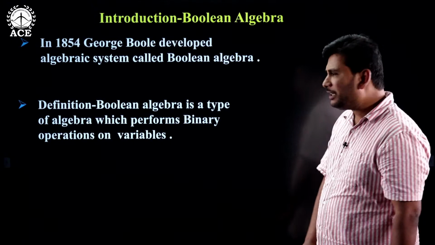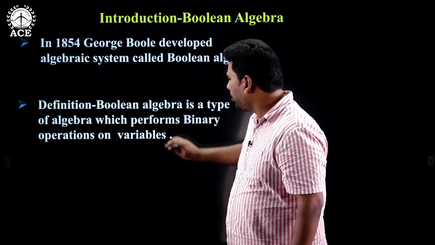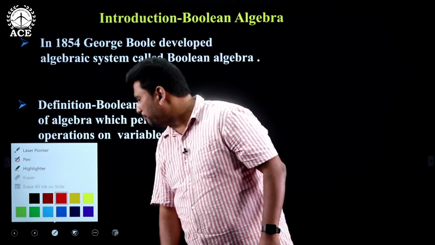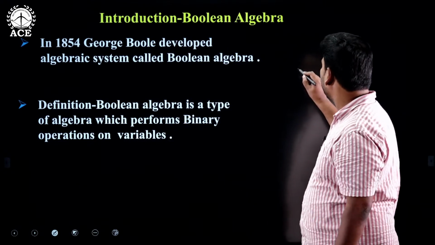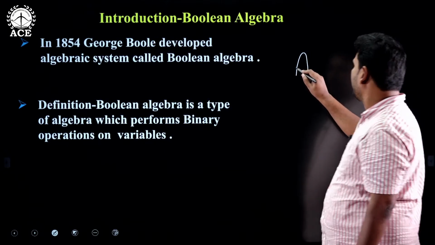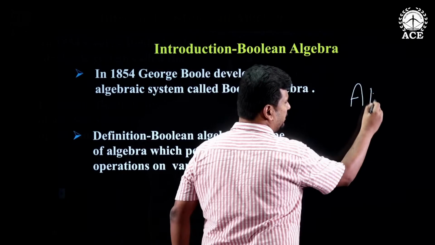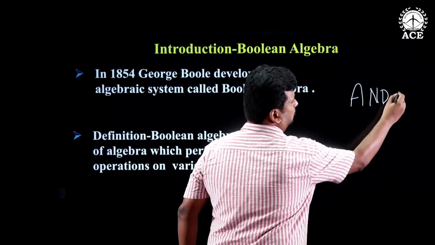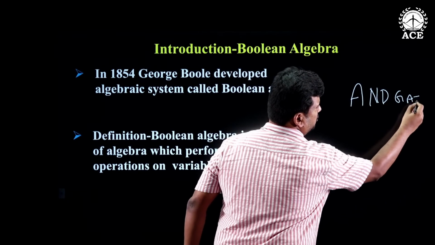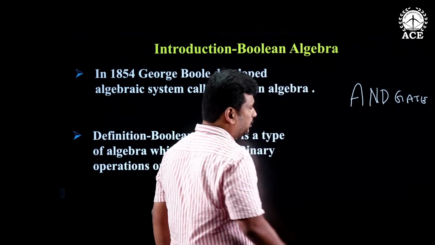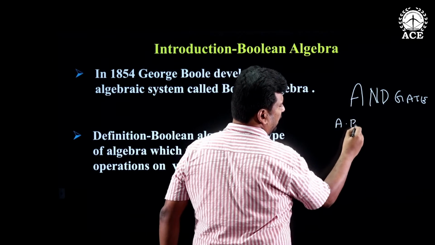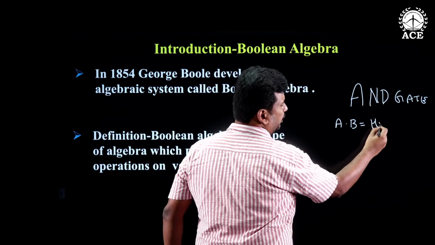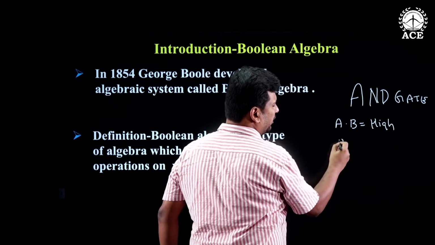In our earlier sessions, we were talking about some of the basic logic gates. So what are those basic logic gates we discussed? AND gate, which says the output is high only when all inputs are high.